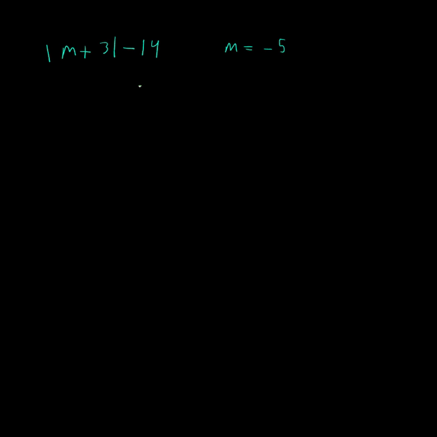Well, we would start out, plug in negative 5 for our m, and so we are left with negative 5 plus 3 minus 14. Let's first evaluate what's inside of the absolute value brackets. Negative 5 plus 3 is negative 2. The absolute value of negative 2, we just make it positive. And then we subtract the 14, which gives us at the end negative 12.